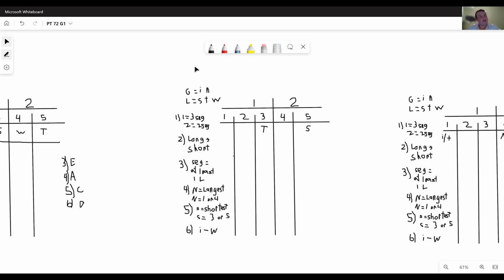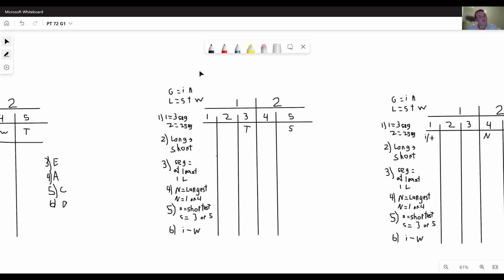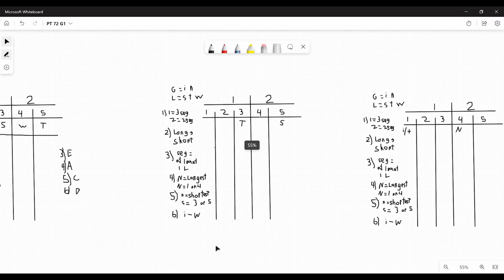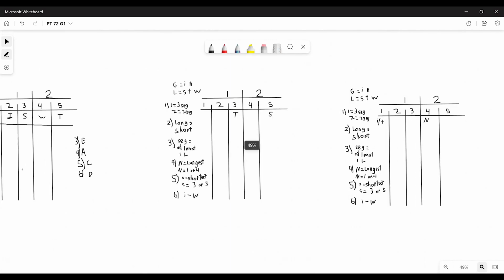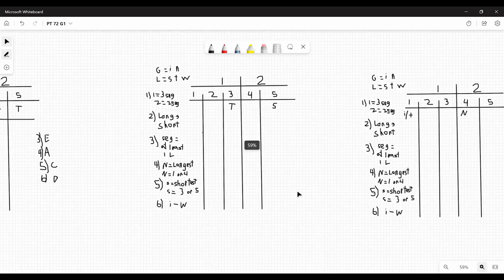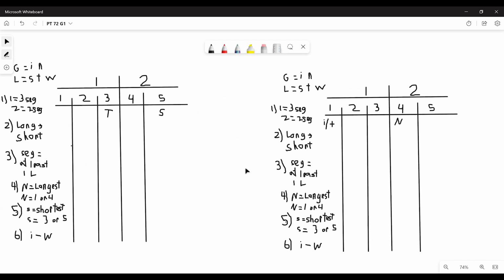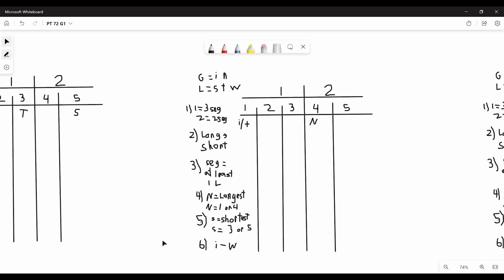Sabrina, do you want to explain your answer and how you got there? Basically I just put N on 4. It kind of didn't matter, it's more about the rules. So I'm already knocking off S from there.